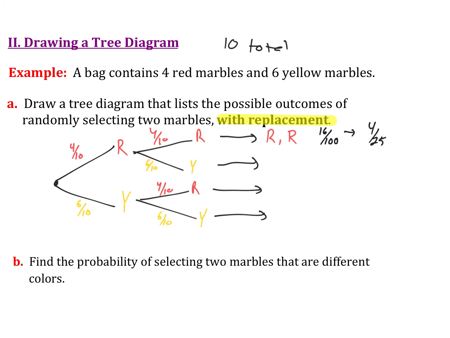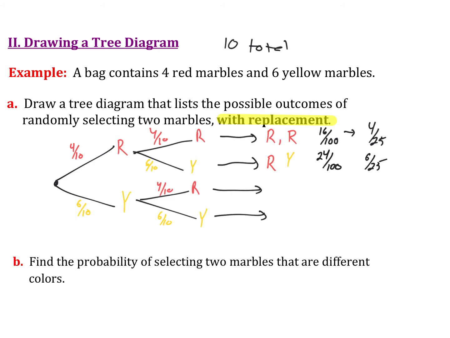The probability of drawing a red first and then a yellow, as I multiply across, would be 4 over 10 times 6 over 10. So I'm following this path here. 4 times 6 is 24, 10 times 10 is 100. So I'd have 24 over 100, which would reduce to 6/25.